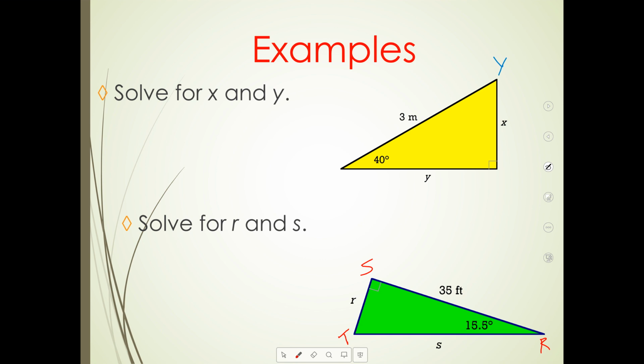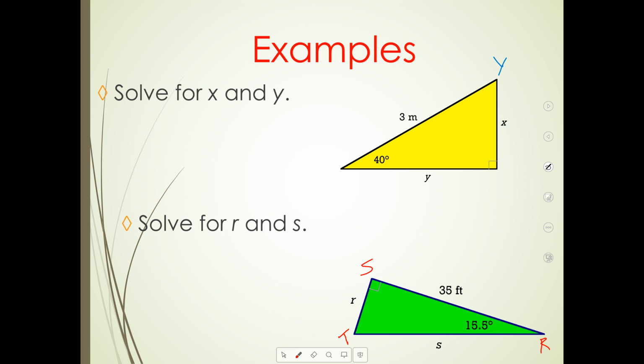I'm not going to spend time doing that. Welcome to geometry. R equals 3.9. I got the sin. What did you get for R? This is TOA, for the opposite of R.